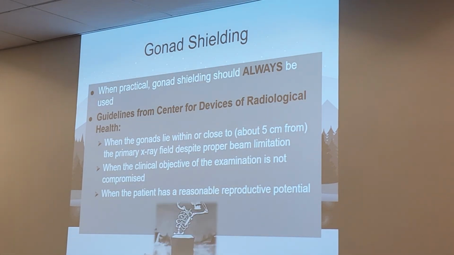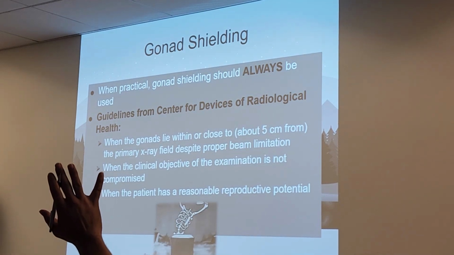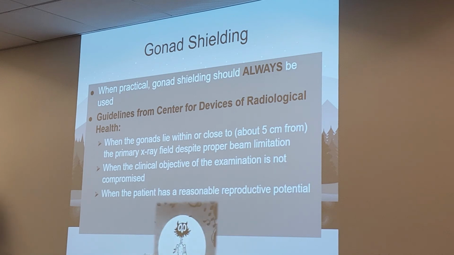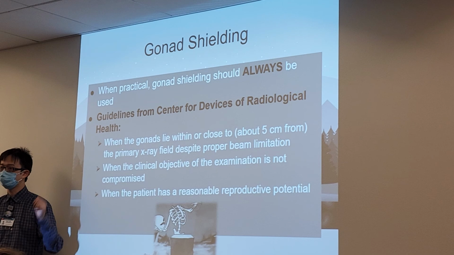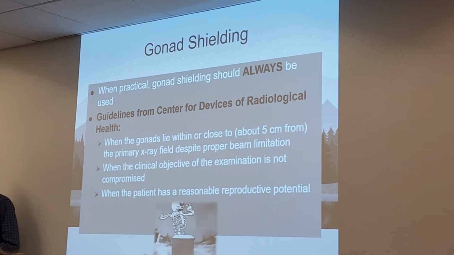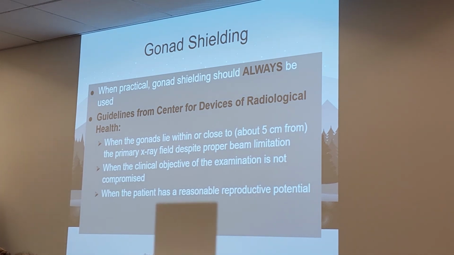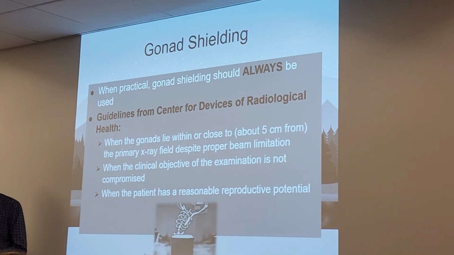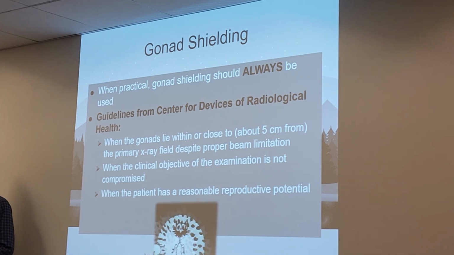Gonadal shielding. What are gonads? Has to deal with the reproductive system. Very good. So the gonads are reproductive organs. So testes or ovaries. So when practical, gonadal shielding should always be used. We want to protect the reproductive organs.